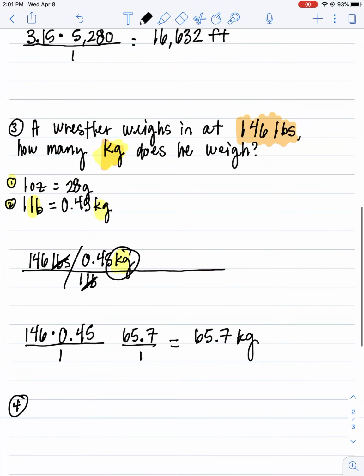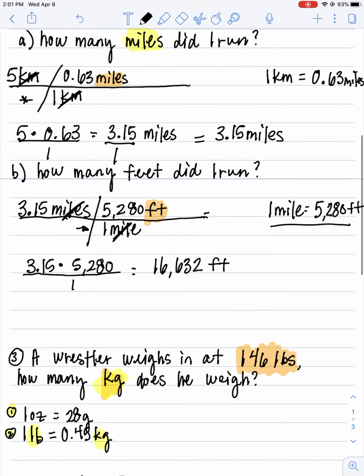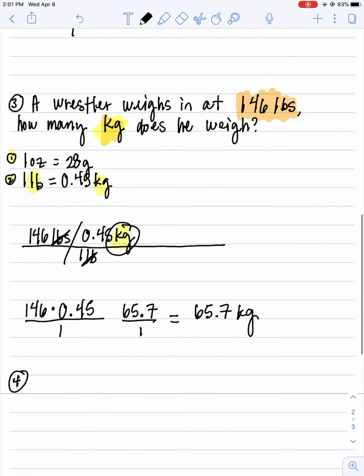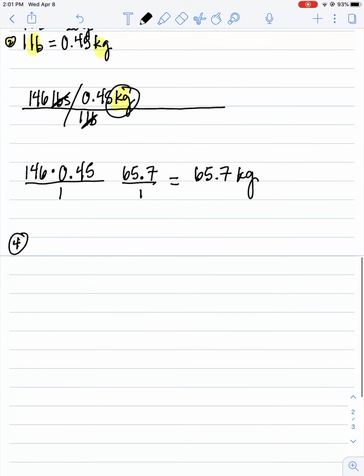What if I said, let's convert 2,342 centimeters to feet.